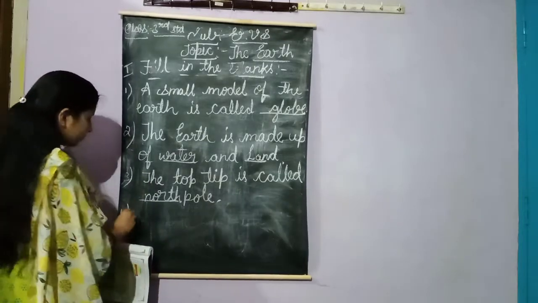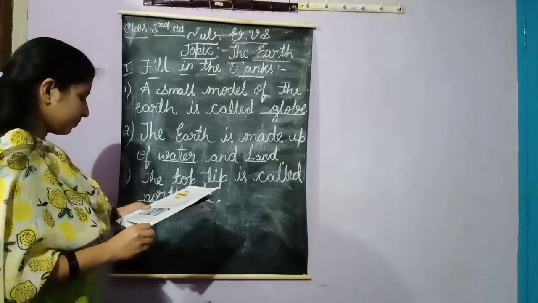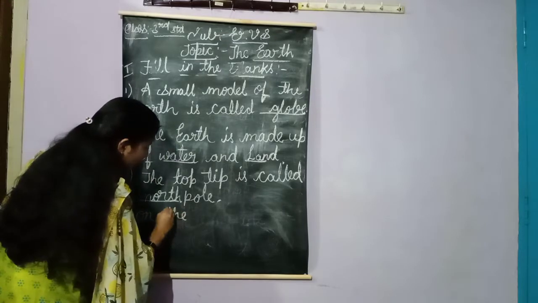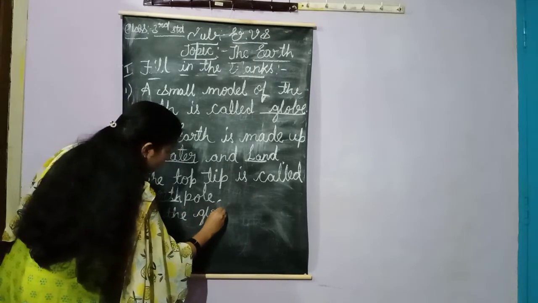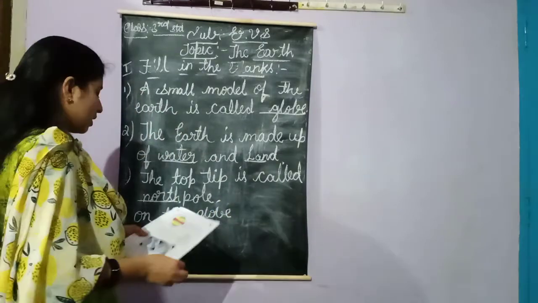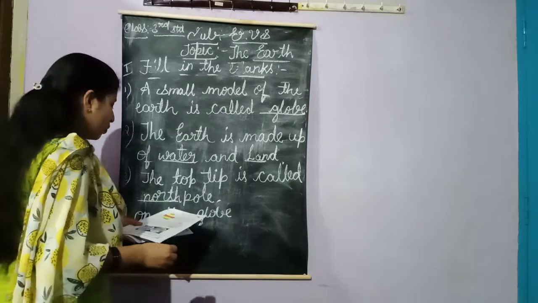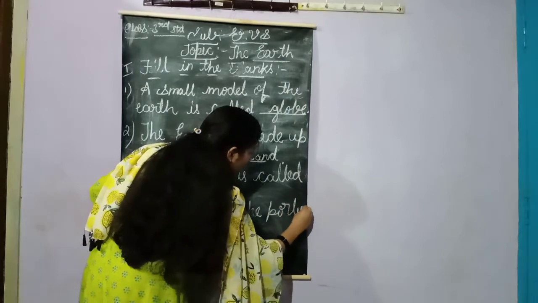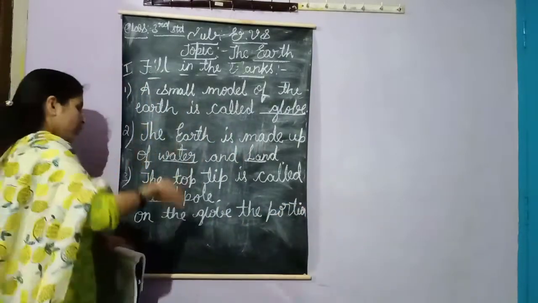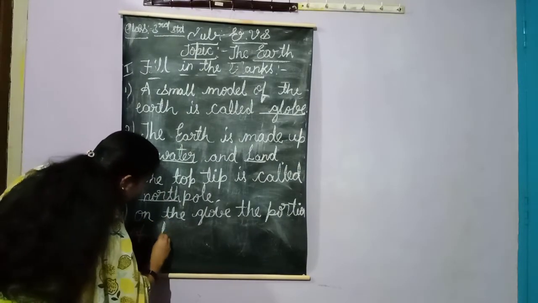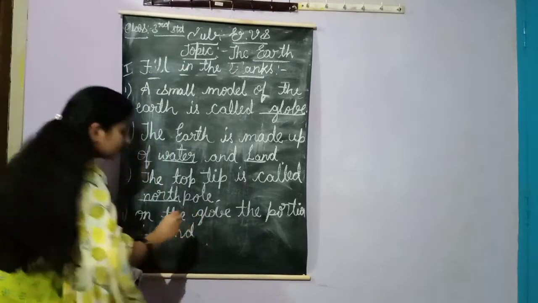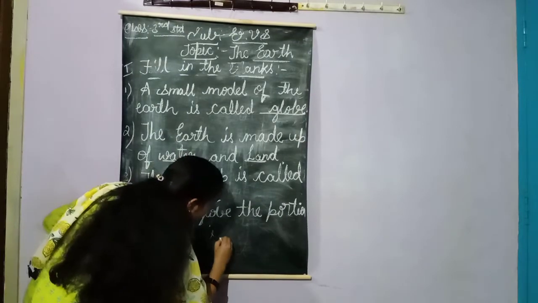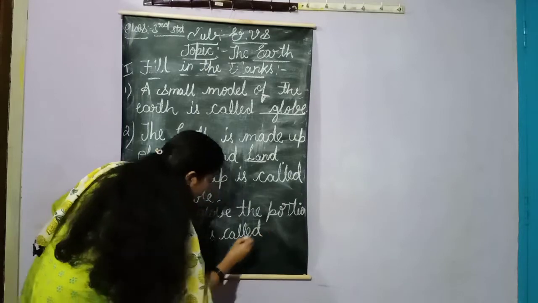Fourth one, write down. On the globe or else on the earth, the portion of land is called what, children?